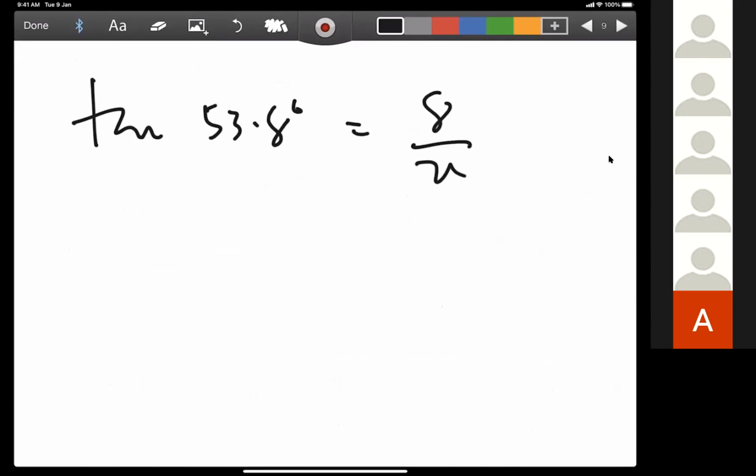X is unknown, which will give you the dominant pole. What is the value of x?